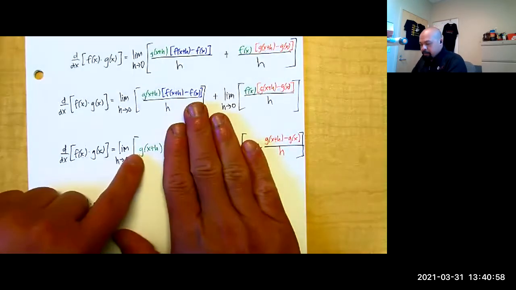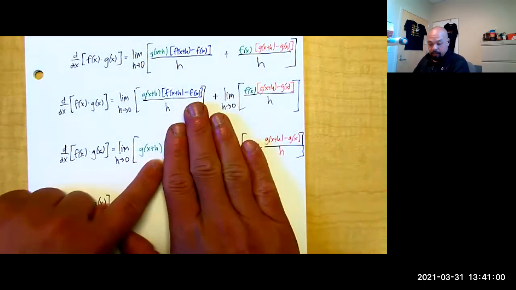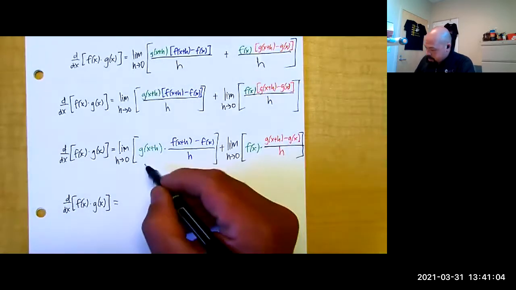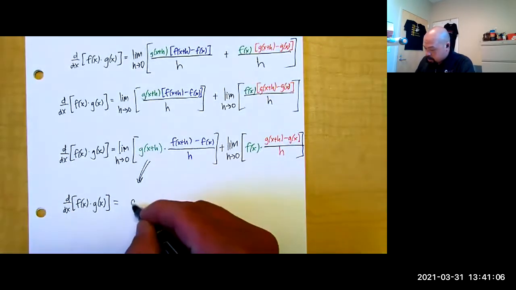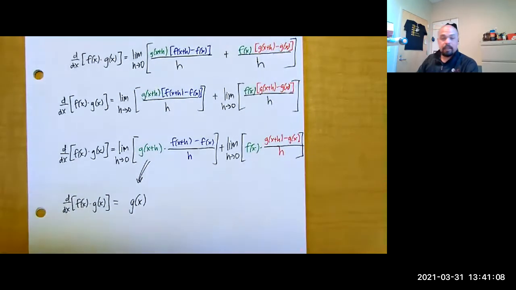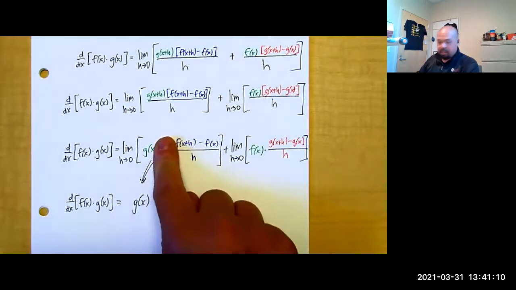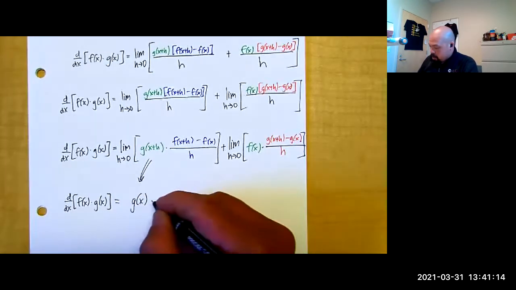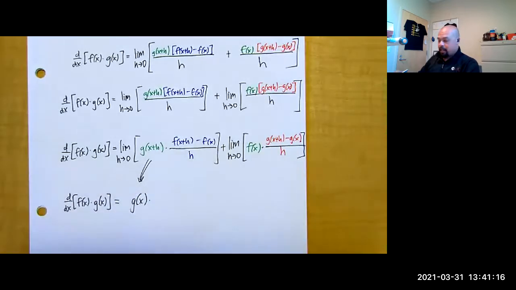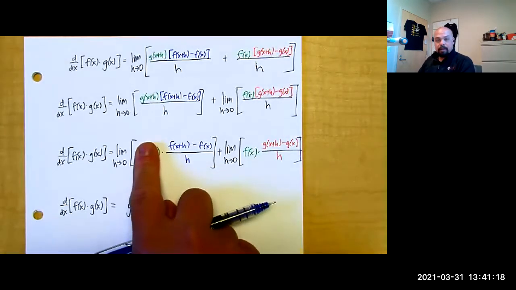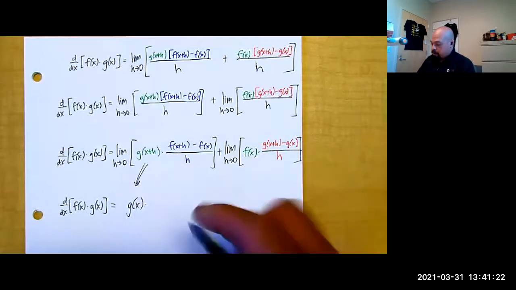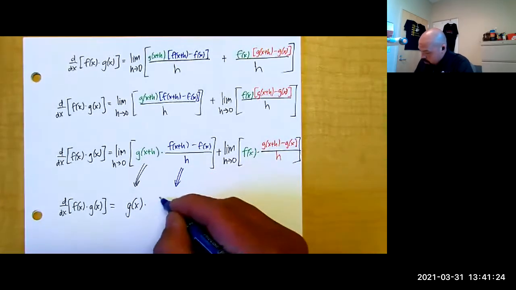As h goes to 0, g of x plus 0, this piece, this becomes g of x. H goes to 0, it's just g of x times, and now this expression, if I'm taking a limit as h goes to 0, f of x plus h minus f of x, all over h, this is the derivative, f prime of x.